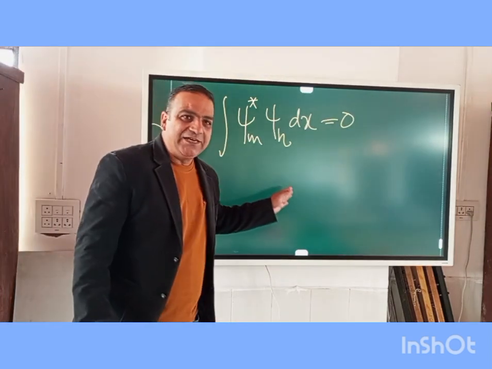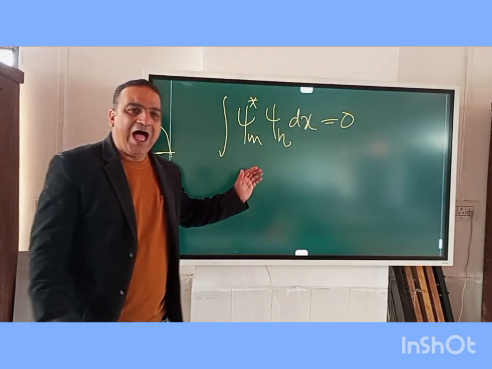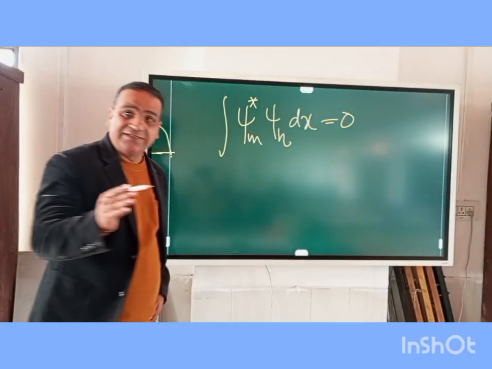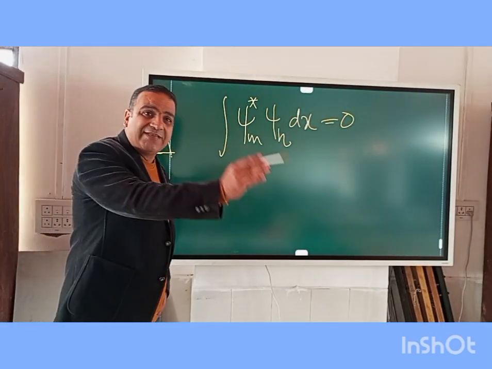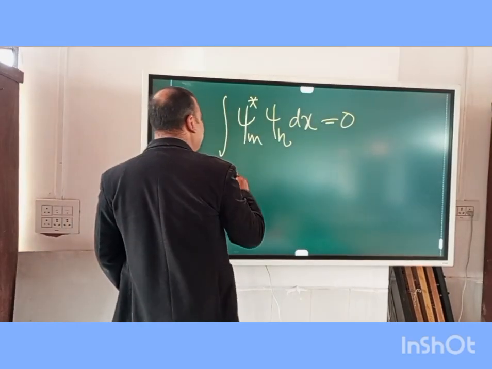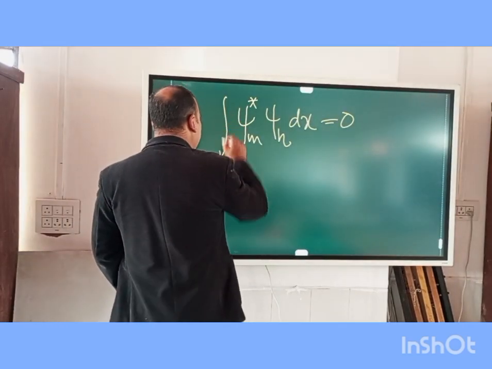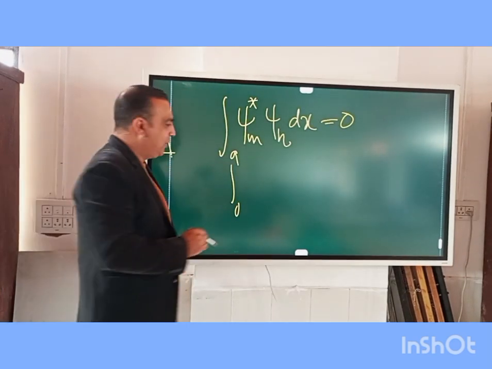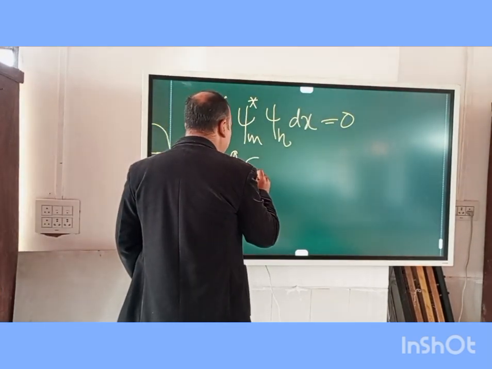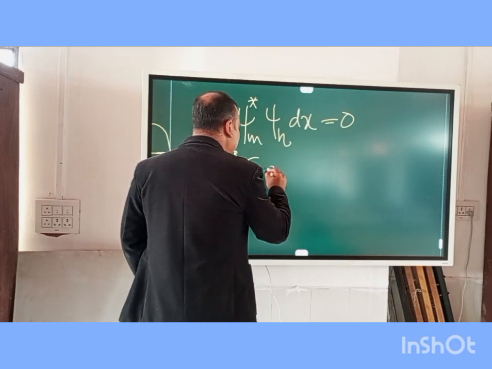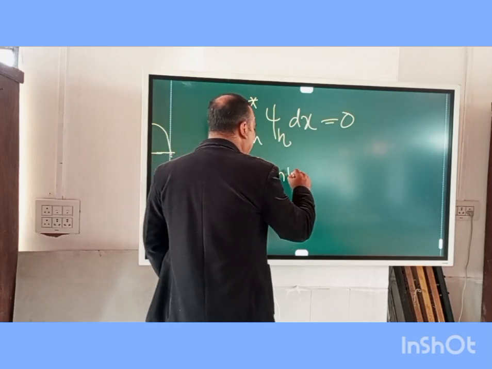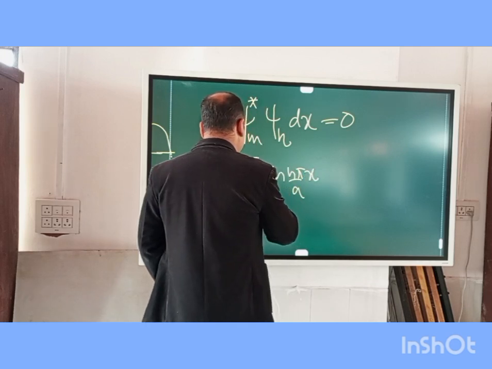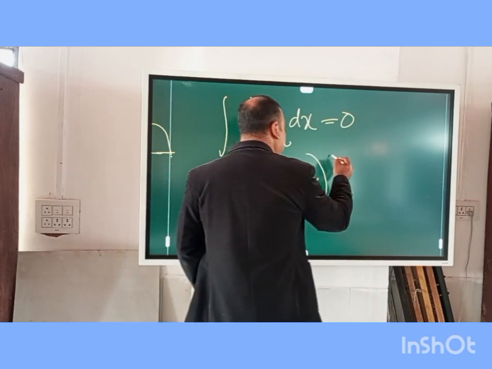So if I use it in my problem, how will I solve it? I have calculated the psis: you have psi 1, psi 2, psi 3. Here I can write the limit of integration, which is from 0 to a. Then you have the square root of 2 by a, sine n pi by a x, times the same thing.